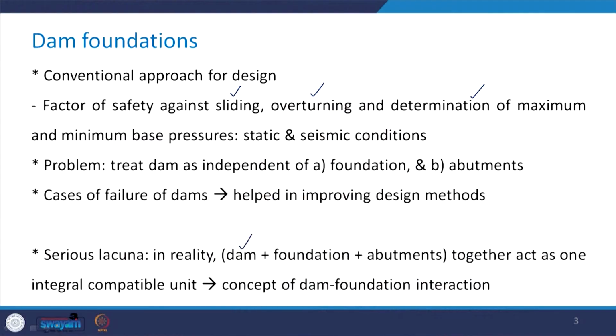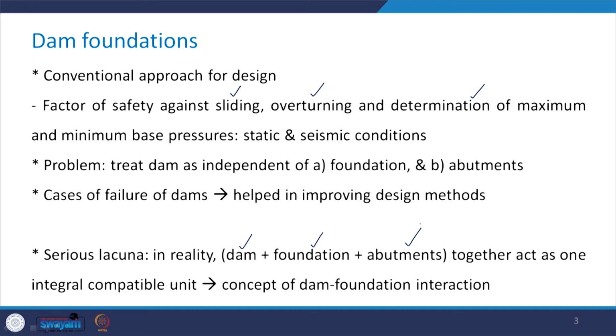Now, when we study the cases of failure of dams, these studies helped us in improving the design methods, and what came out from these studies is that there is a serious lacuna in the conventional approach for the design of dams. In reality, what happens is that the dam, foundation and the abutments, all three components, act together as one integral compatible unit.